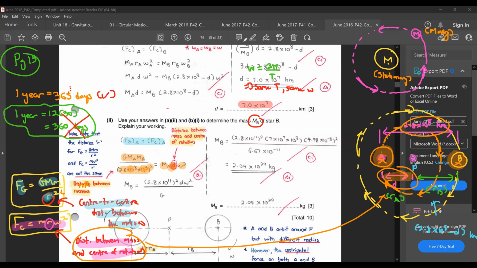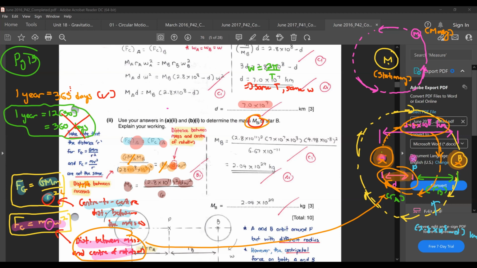And then now in your equation, you will get MB is 2.8 times 10 power 11 squared times D omega squared over G. Now, the reason why I wanted to use A in the first place is because you notice that if I consider FG equals to FC for A, the MA will cancel off, leaving me only MB, which is what I want to find. This is the reason why I consider A first, because I want to find B.